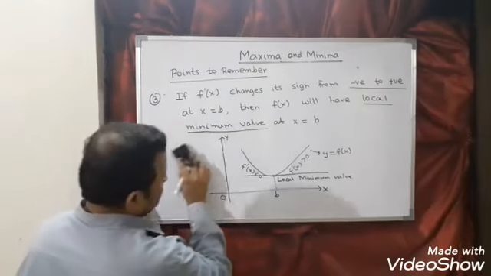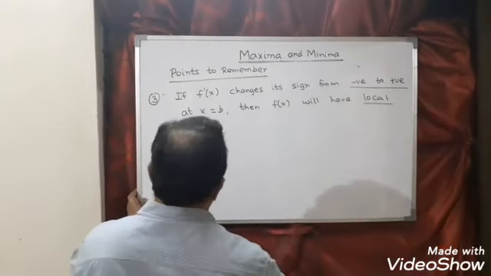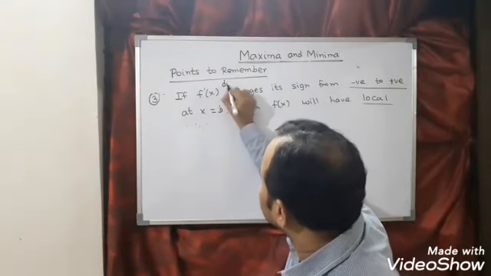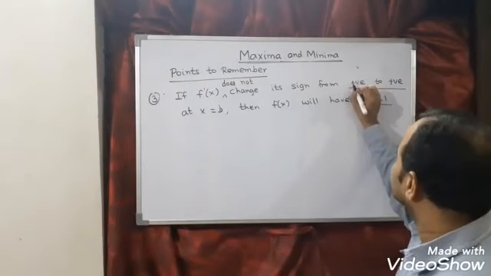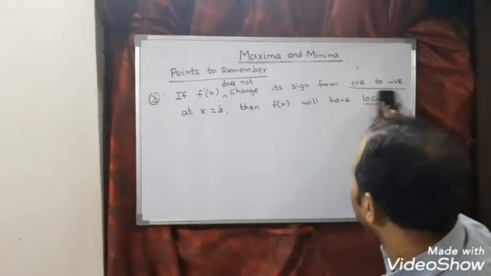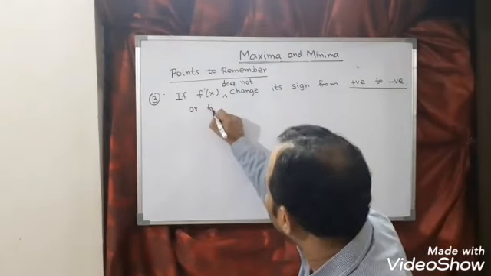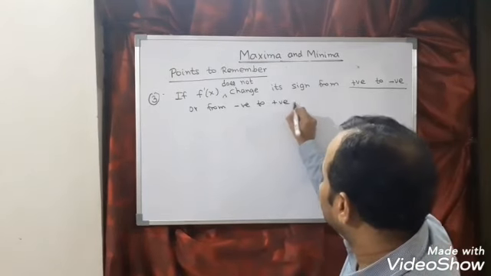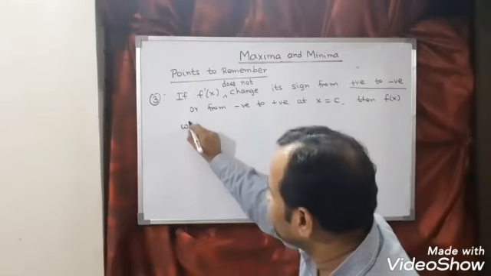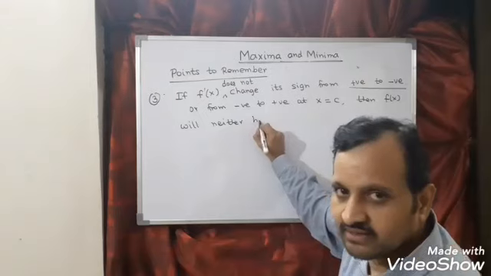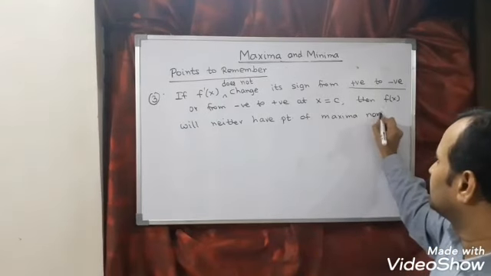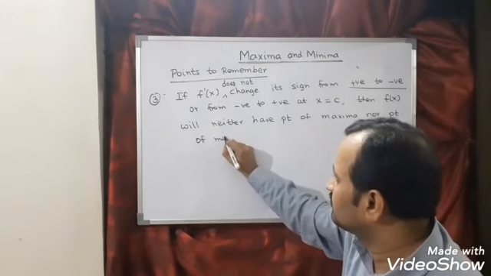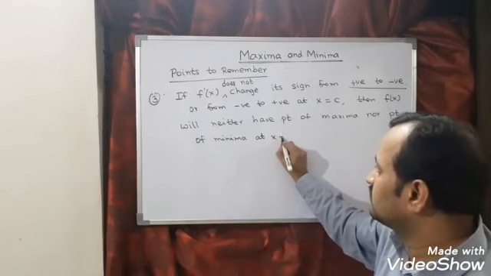If f dash x does not change its sign from positive to negative or from negative to positive at x is equal to c, then f of x will have neither a point of maxima nor a point of minima at x is equal to c.